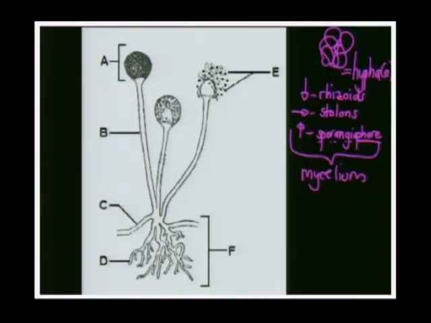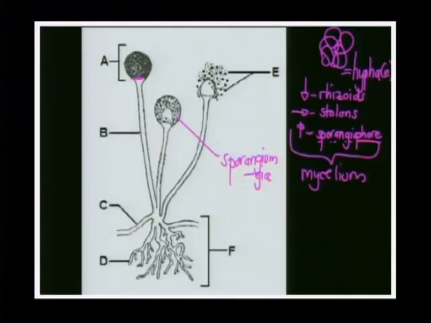At a certain point, when the sporangiophores have grown high up enough, what you will find developing at the top are little sacs. And these little sacs are called, here's one, sporangia. One sporangium, plural, sporangia. These little sacs contain the spores.